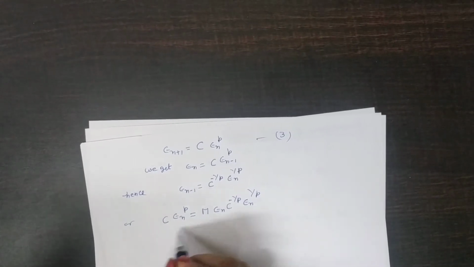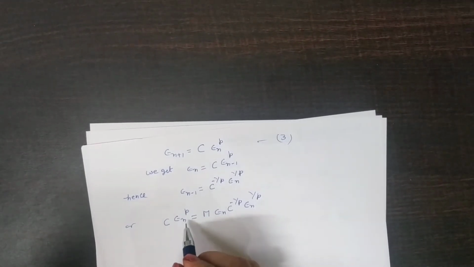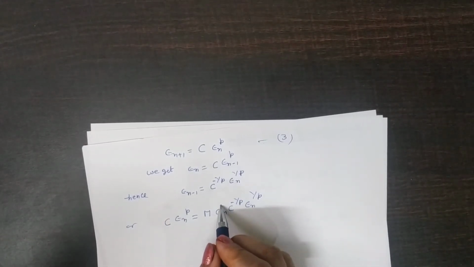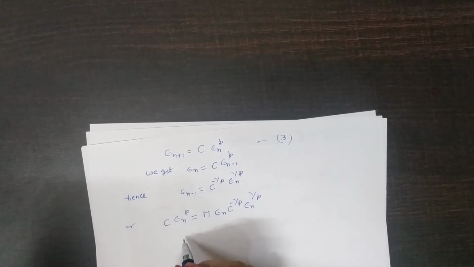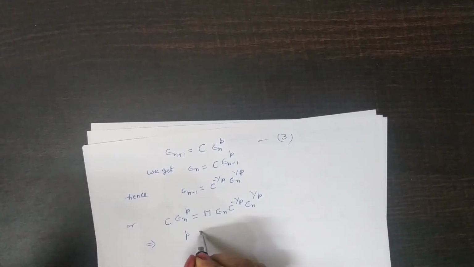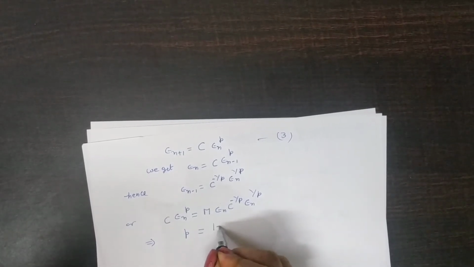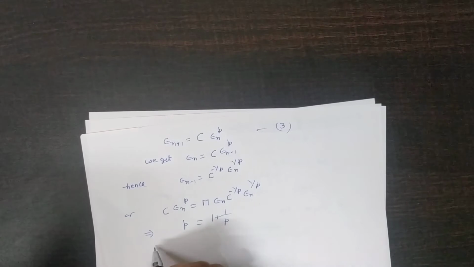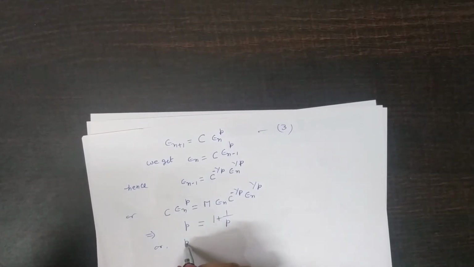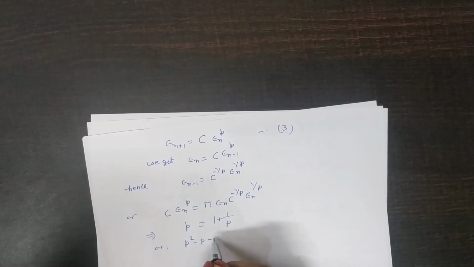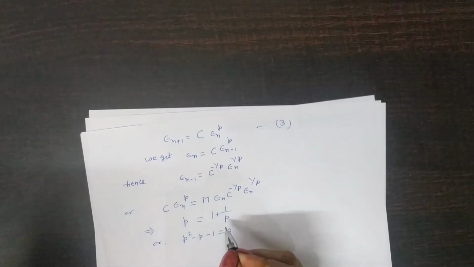Now comparing the powers of epsilon n, this implies that p is equal to 1 plus 1 by p, or p square minus p minus 1 is equal to 0.